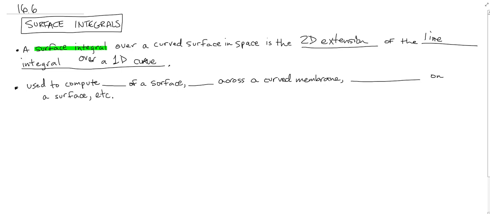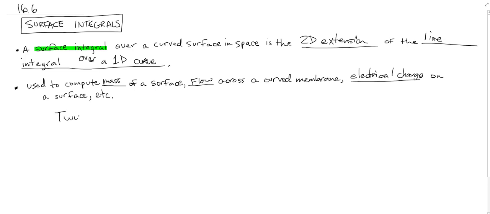We use these surface integrals to compute the mass of a surface, or maybe the flow across a curved membrane, or to determine the electrical charge on a surface, and many other uses.